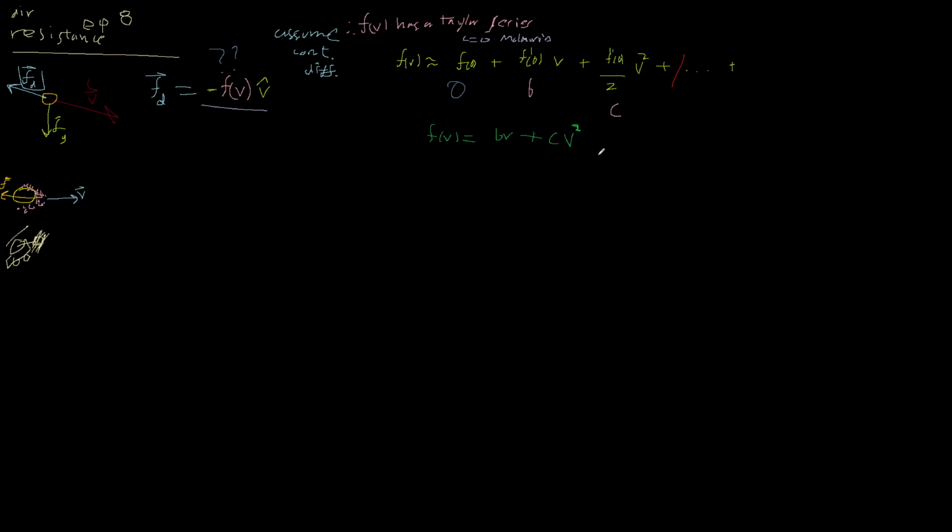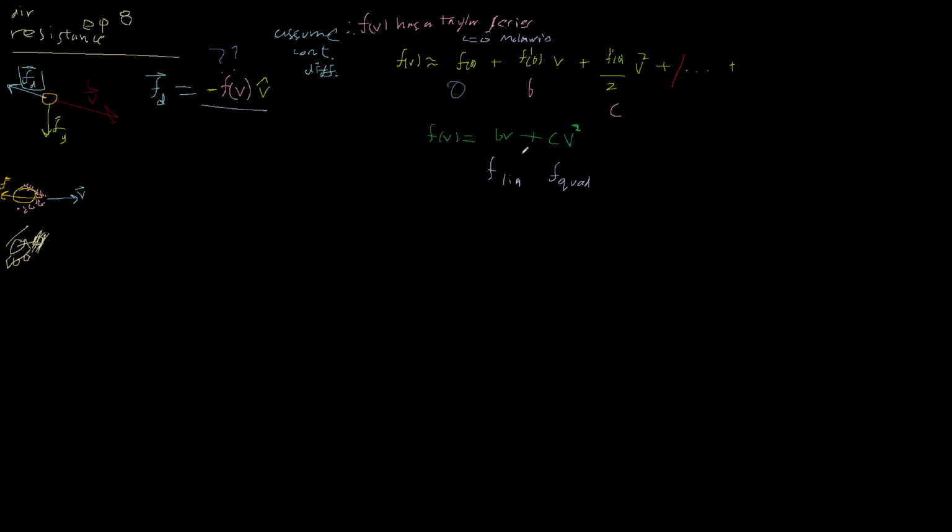What are b and c? These basically break this force into two components, one linear and one quadratic. These define two different regimes of drag: linear drag and quadratic drag.